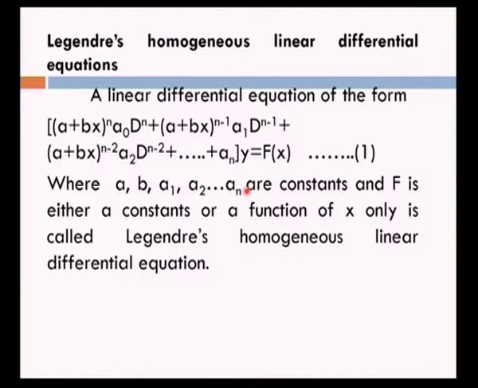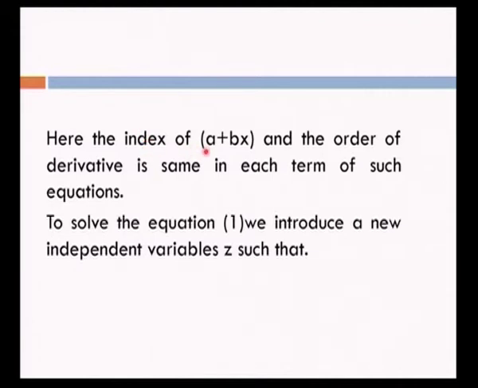You can notice one more thing in this equation: the index of a plus bx to the power n and the order of differentiation are the same in each term of the equation.